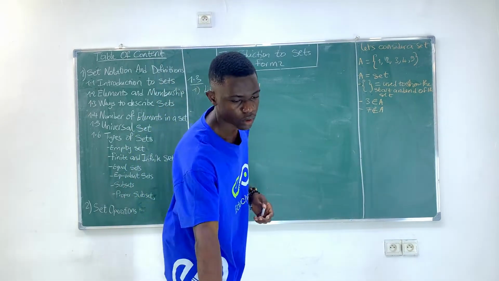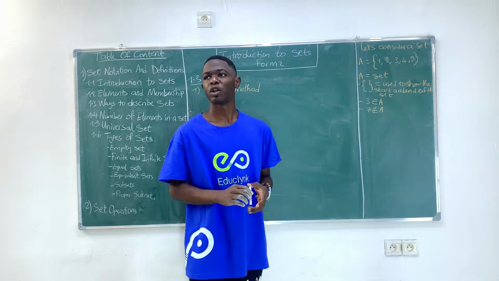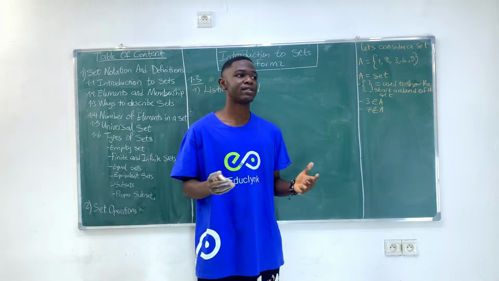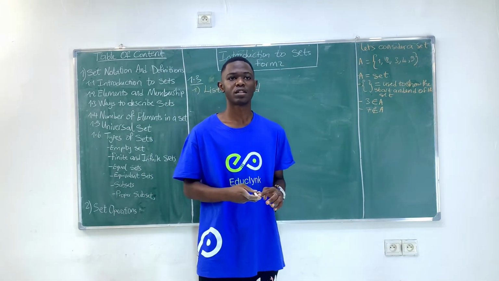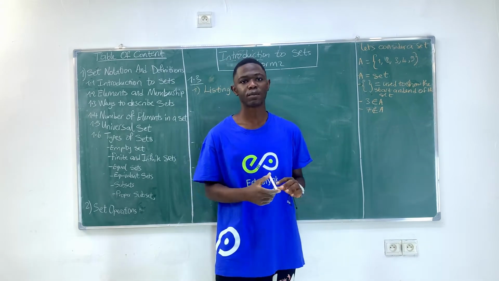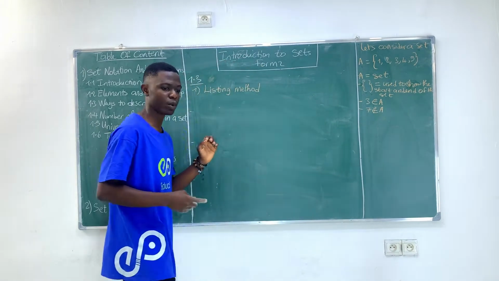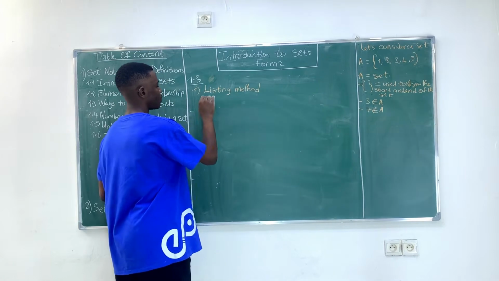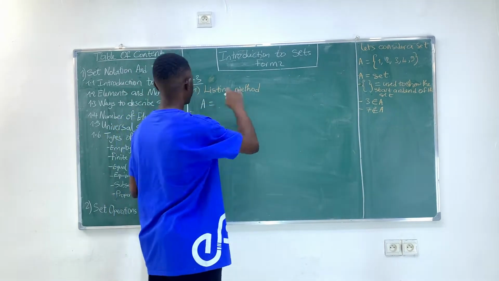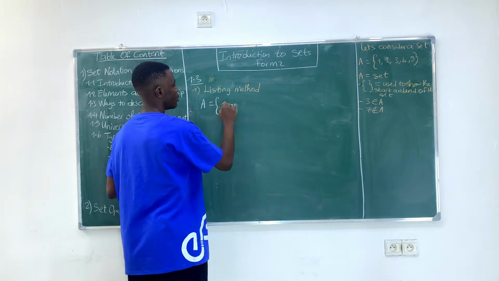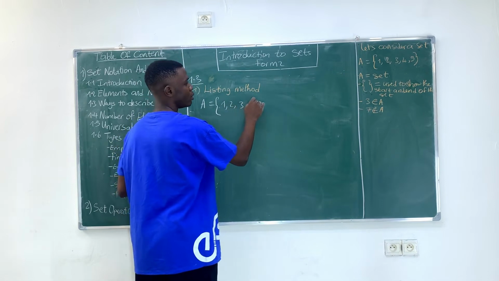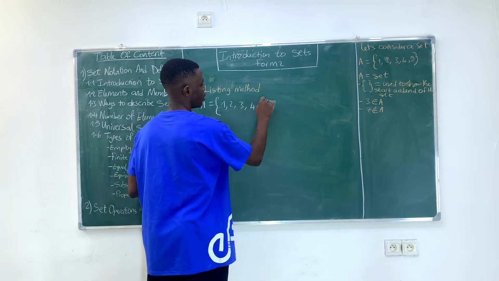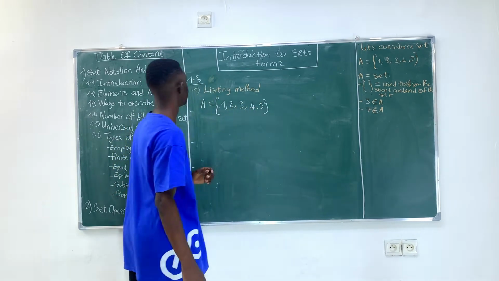This is a method where you list all the elements that are inside the set directly. As far as it is possible to list them, just list them. Like what we have been doing, for example, we have A. I'll say A is 1, 2, 3, 4, 5.